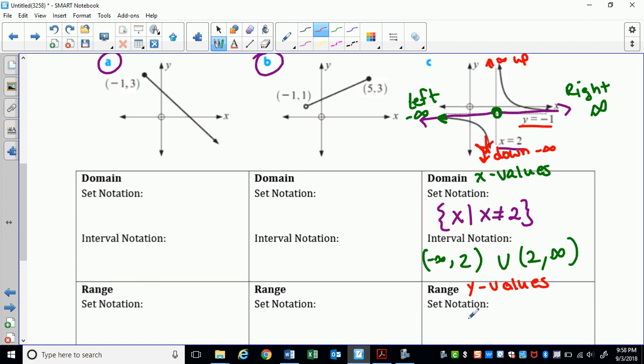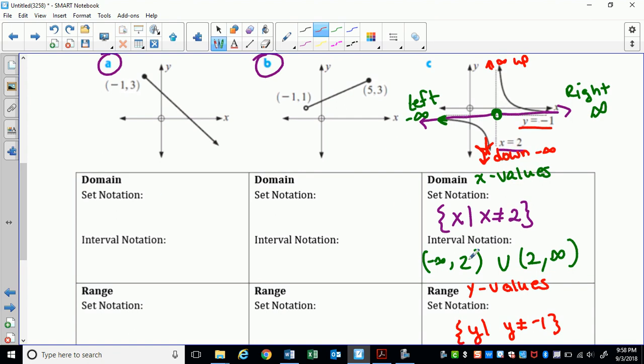So again, we're going to have a squiggly bracket, y such that y is all real numbers except, or everything except when y equals negative 1. Okay. Now let's look at interval notation just like we did for the x values. We're starting down here at negative infinity, and then we're going to stop when y equals negative 1. So I usually use a ruler and I go up, up, up till y equals negative 1.